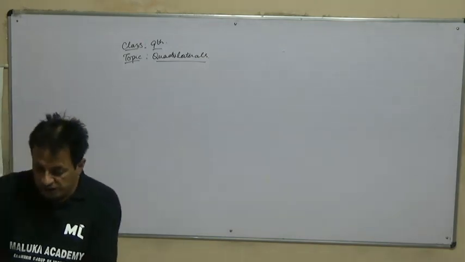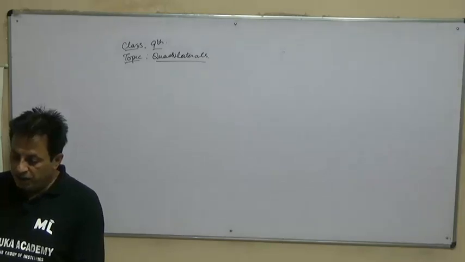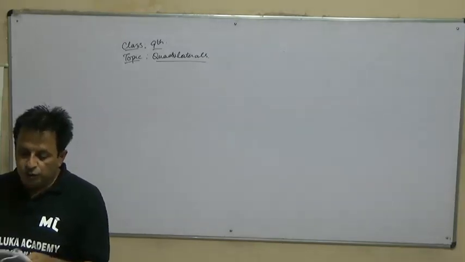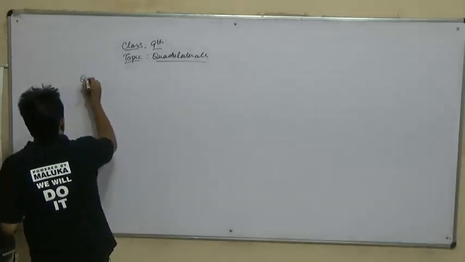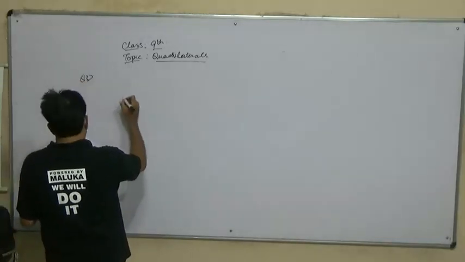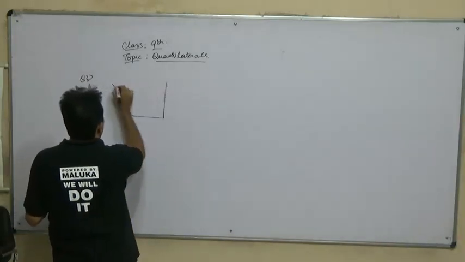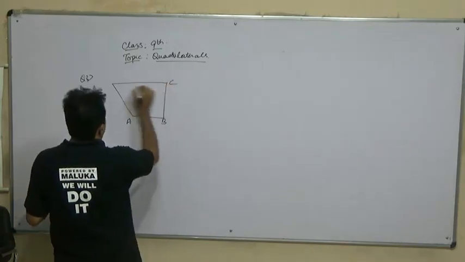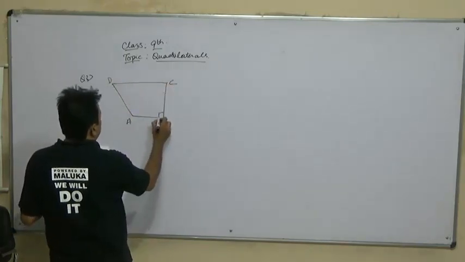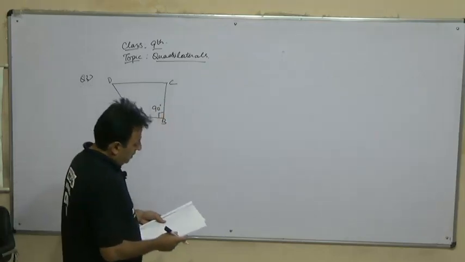The next question in this is, in a quadrilateral ABCD, angle B is equal to 90 degree. So we are given question third. A, B, C, D, angle B is 90 degree, and what else we are given?